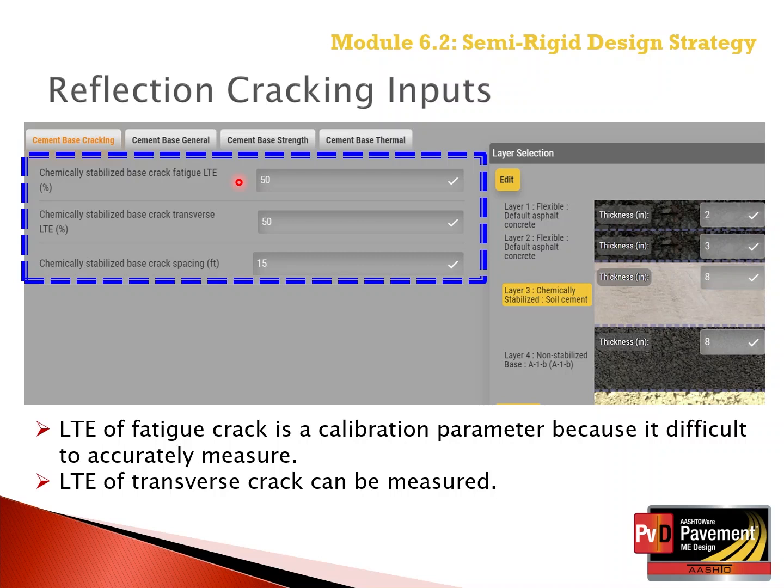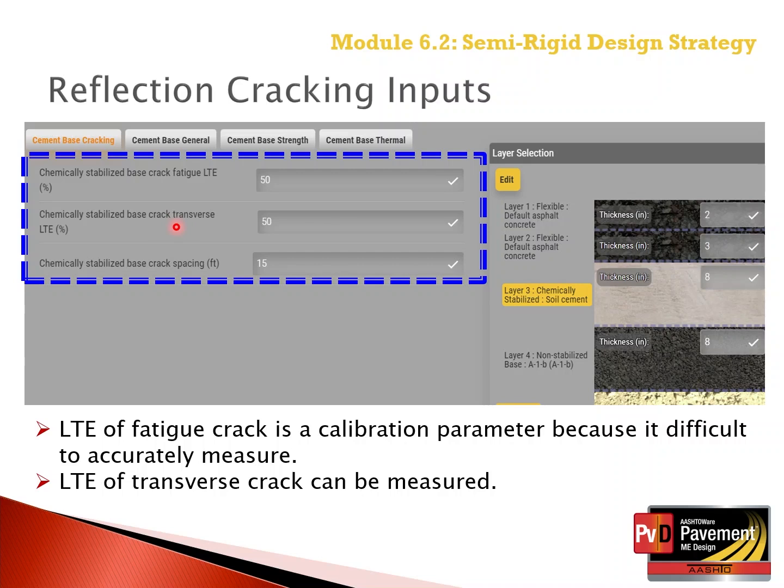It's suggested that the designer, without doing a recalibration, use 50% as the low transfer efficiency for fatigue cracks, because that value was derived from the global calibration process on the average. But the user can measure the low transfer efficiency, which we'll demonstrate in just a second with the following slides.